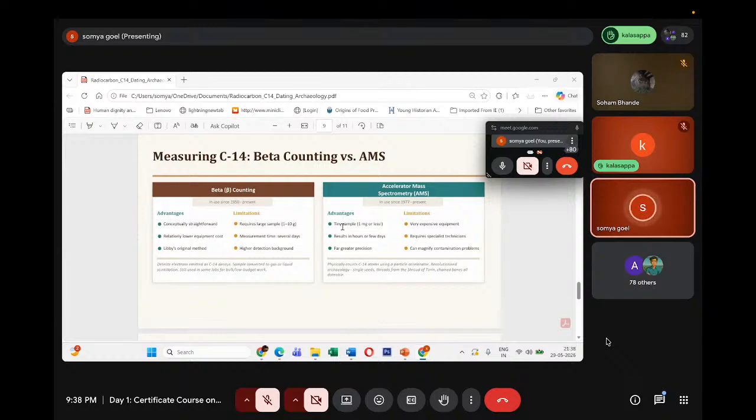That tiny amount of sample can tell us a lot. For beta counting, a huge amount of sample is destroyed, 10 grams and even more, because it is being converted into gas or liquid. It is being destroyed.